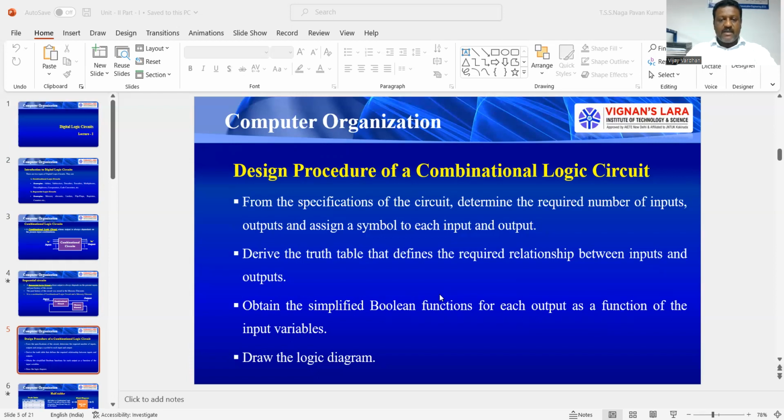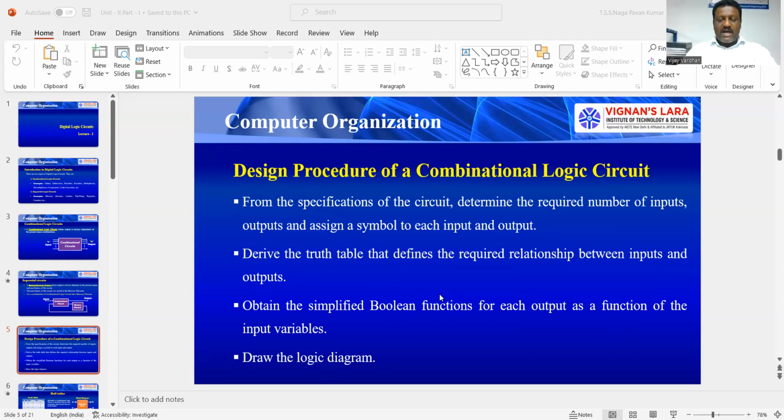I repeat once again, first I have to represent it in a block diagram. Based on the specifications of the circuit, I should know how many inputs and how many outputs the circuit has, and we should assign symbols to those inputs and outputs.